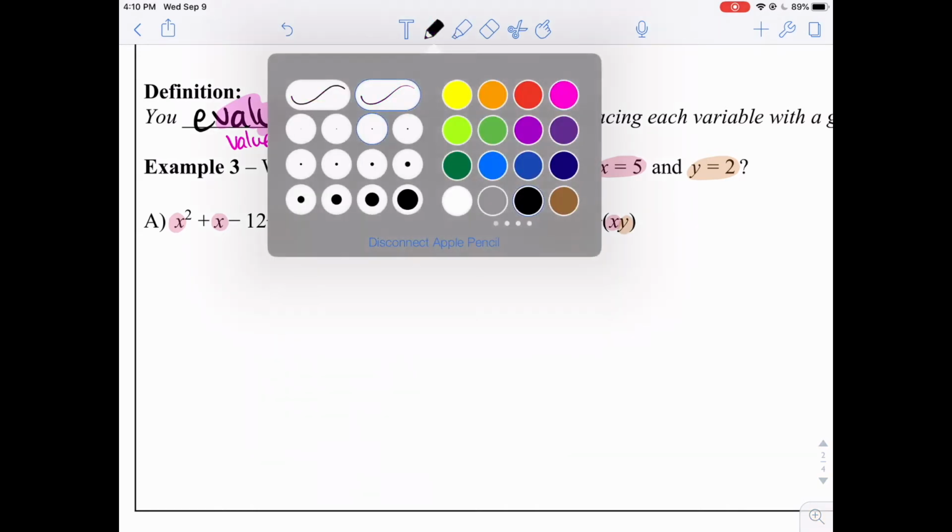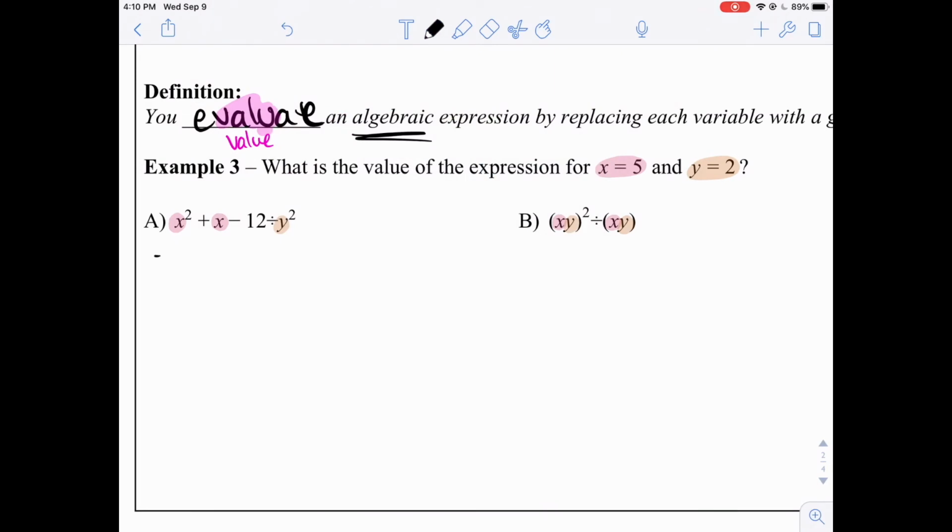Okay, so I'm going to rewrite these real quick. That's the same thing as 5 squared plus 5 minus 12 divided by 2 squared. And I can rewrite this guy as 5 times 2 squared divided by 5 times 2.